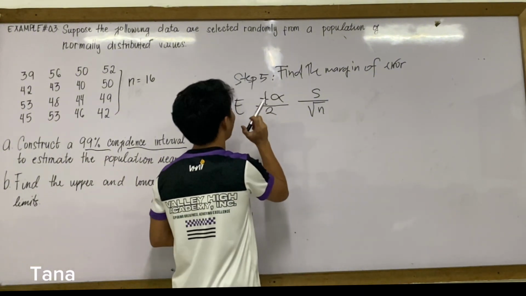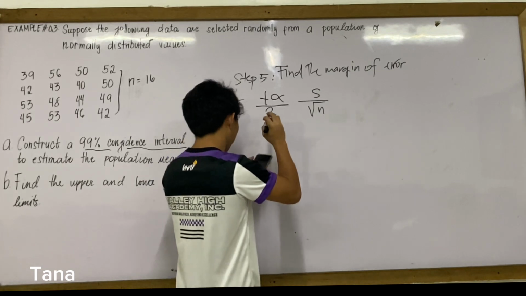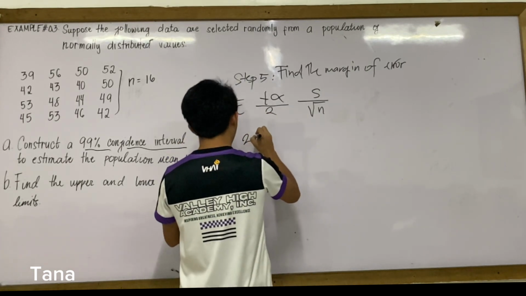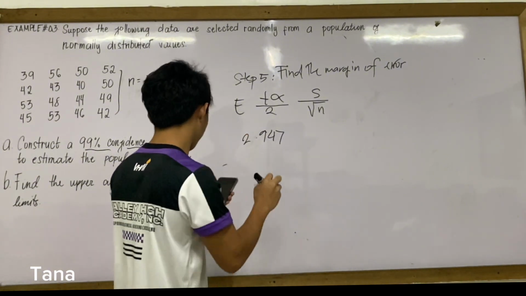Our critical value in the table is 2.947.